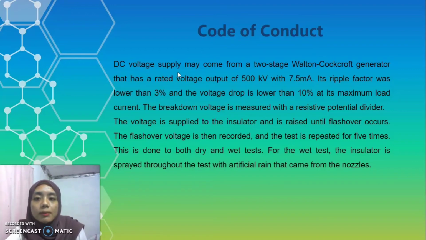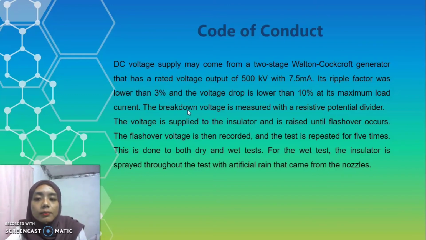The DC voltage supply may come from a two-stage Greinacher Cockcroft-Walton generator that has a rated voltage output of 500 kV with 7.5 mA. Its ripple factor is lower than 3% and the voltage drop is lower than 10% at its maximum load current.